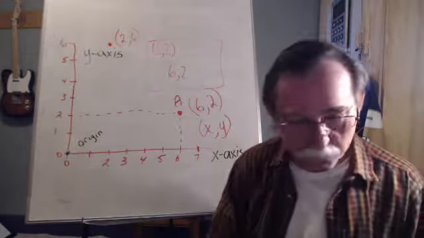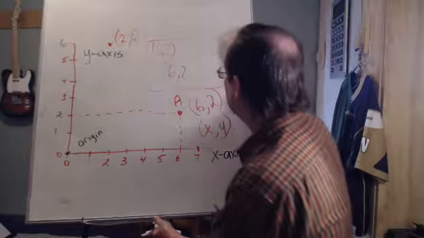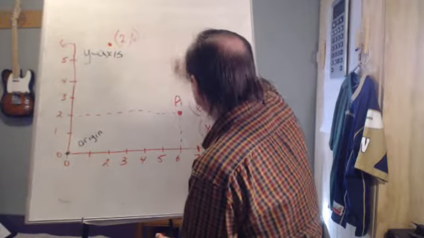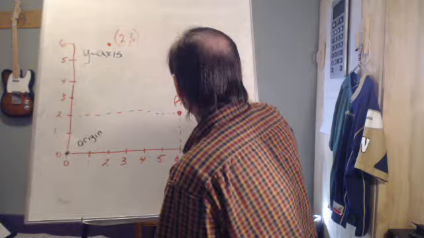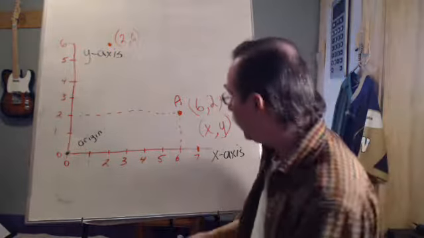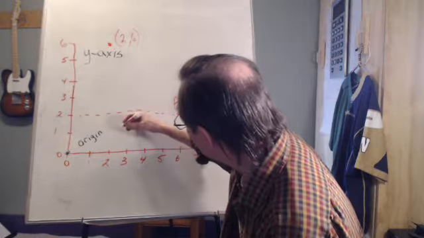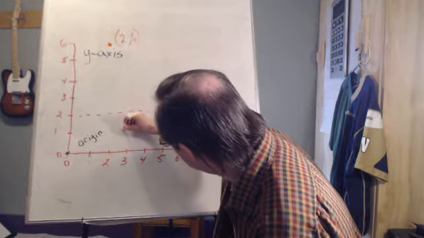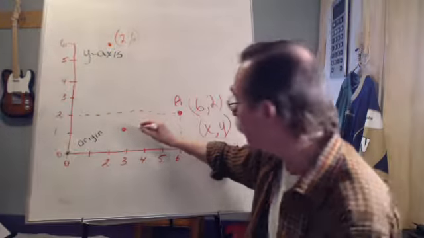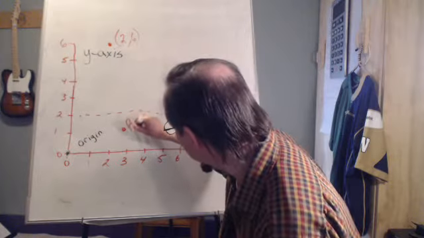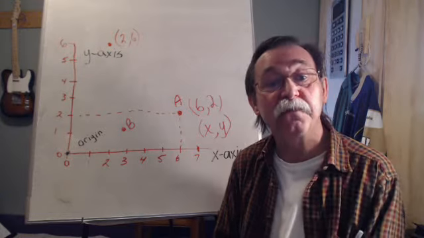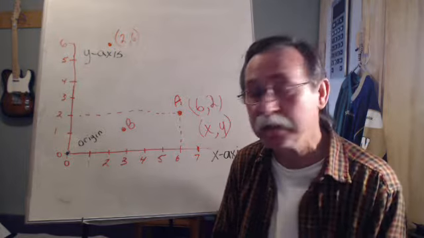All right, so what is this point here? I'll just erase this. I'll say this one right here. I'm going to call that the point B. What are the coordinates of the point B?